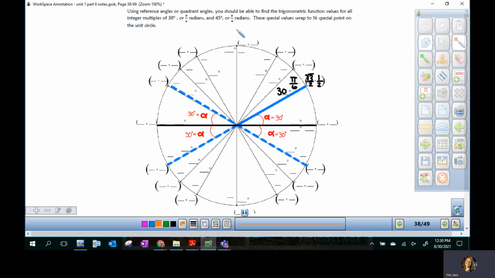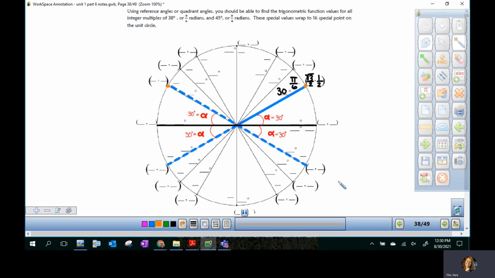If I were to fold this circle across the y-axis, okay, so like hot dog style, if you're folding your paper up and down, you know, this point is going to match over to this point, right?